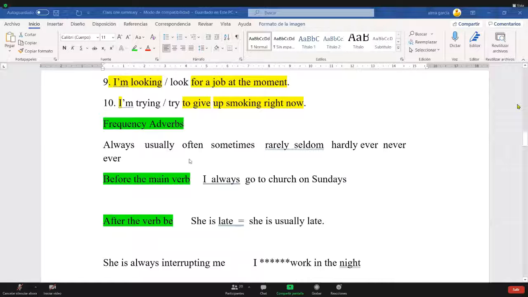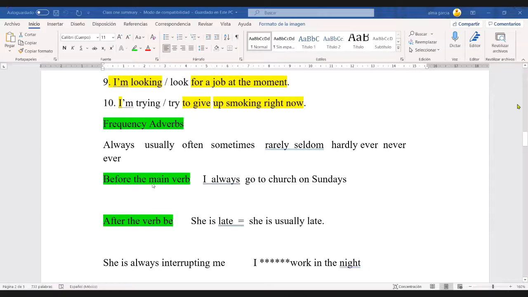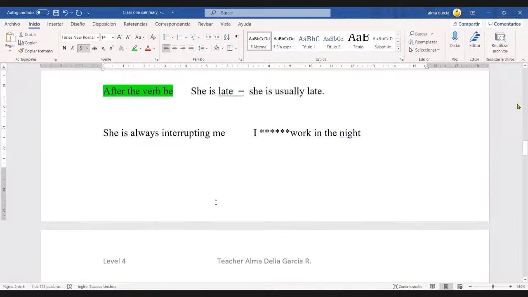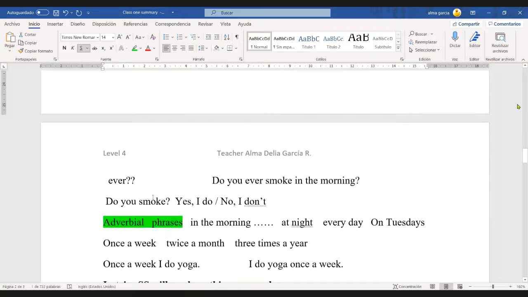The frequency adverb is always before the main verb and after the verb be. You always, usually, never, sometimes, rarely, etc. before the main verb. This is my main verb. And after the verb be. So they don't have any other position. And what happens when we are using ever? Remember that ever is also part of the frequency adverb and must be, again, before the main verb.